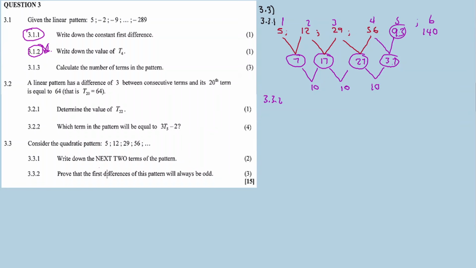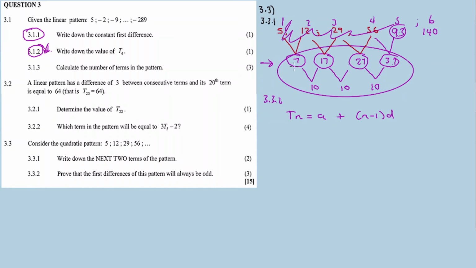Back now. Okay, so take the pattern of the first differences, which is 7, 17, 27, 37. Then we use Tn equals a plus n minus 1 times d, which is the nth term for the first differences, right?